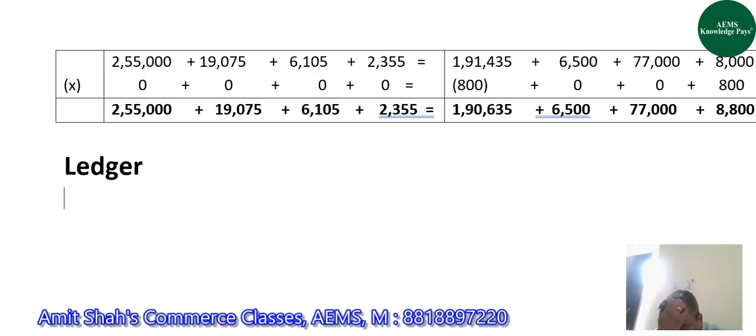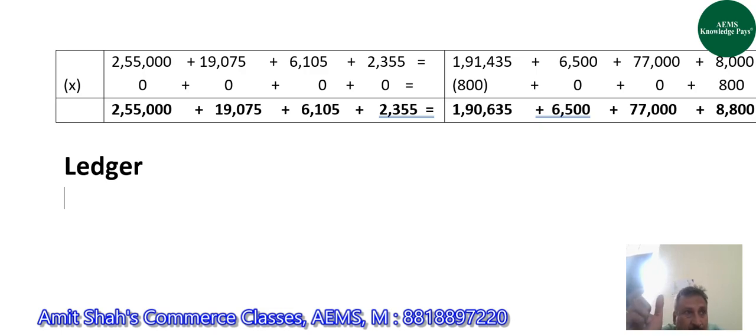Correct? Now, what is that systematic way or scientific way? Let's understand that. Ultimately, at the end of a period or an accounting year, we want to know totals of expenses and totals of income, so that we could determine financial performance or profitability of the business.